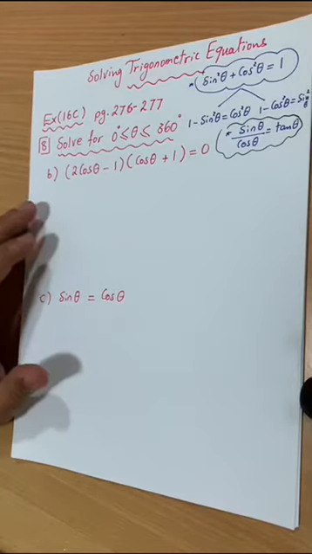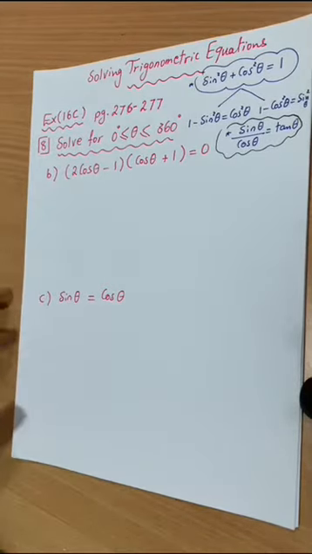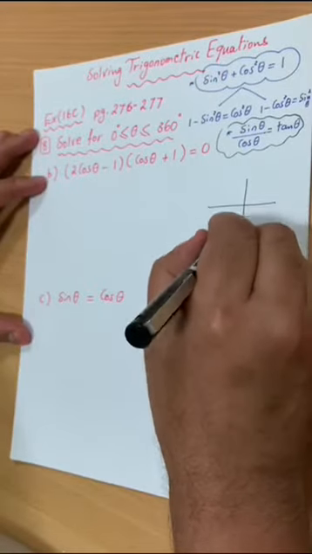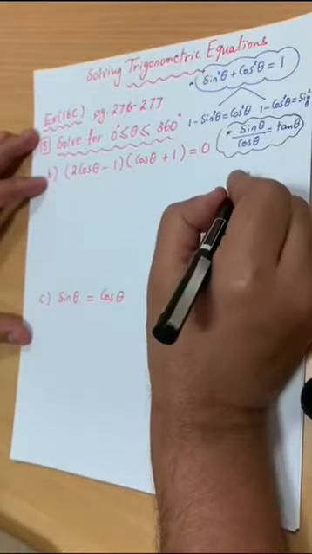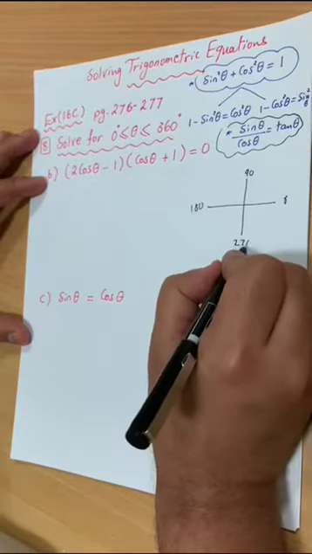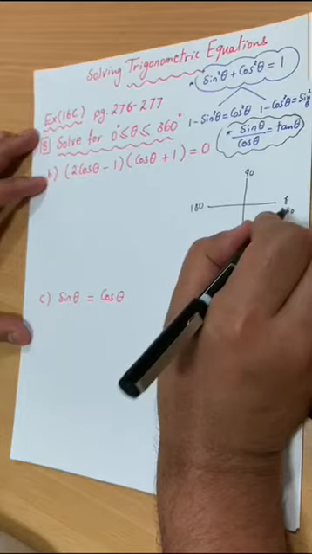Now let's solve this equation. This question is asking you to solve for the range from 0 to 360, which is in the basic quadrants: 0, 90, 180, 270, then 360.